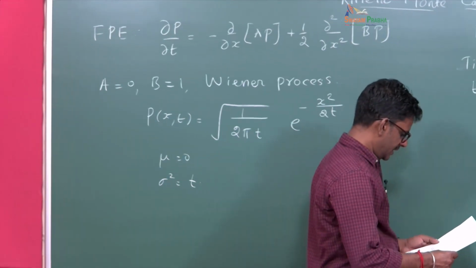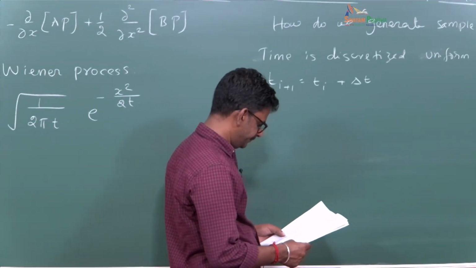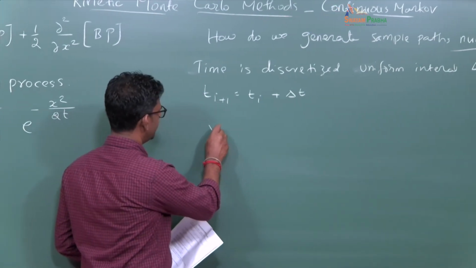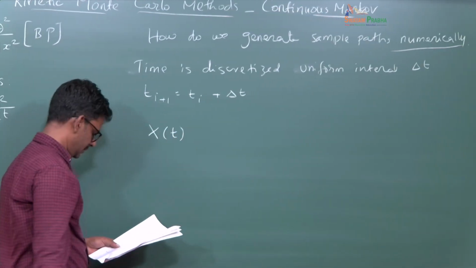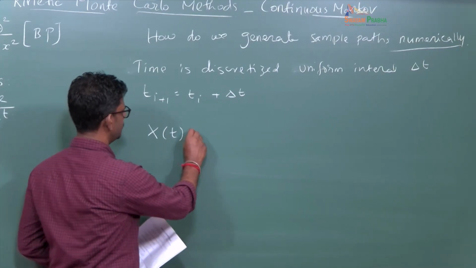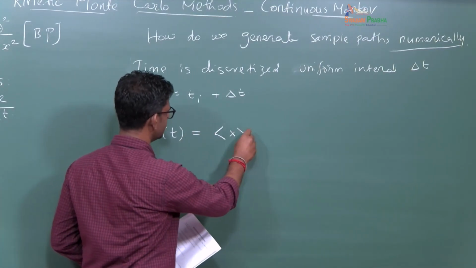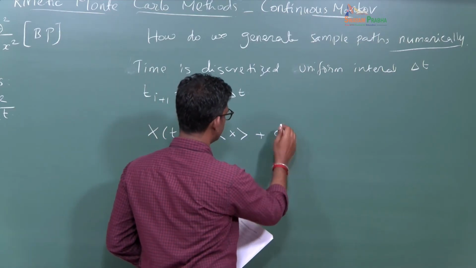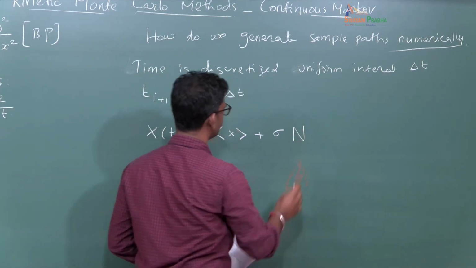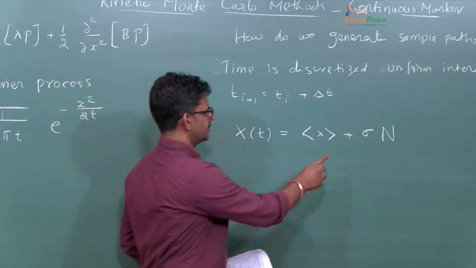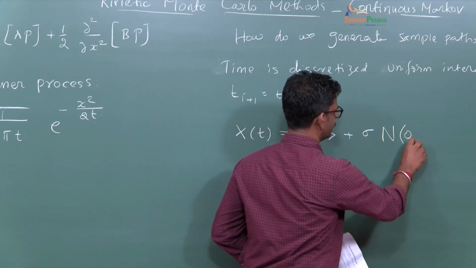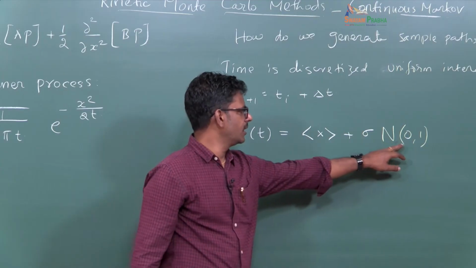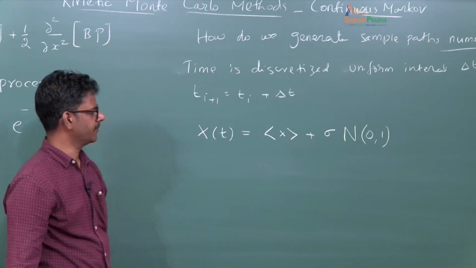So we can write that this random variable x of t is equal to the mean of x plus sigma times n. Here n is a normal random variate with mean 0 and variance 1.